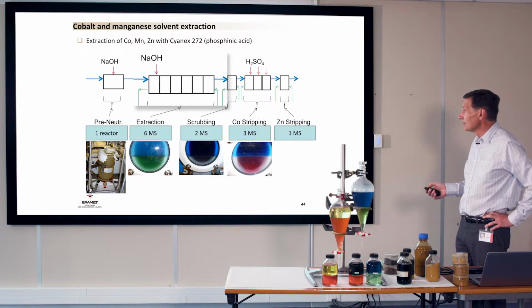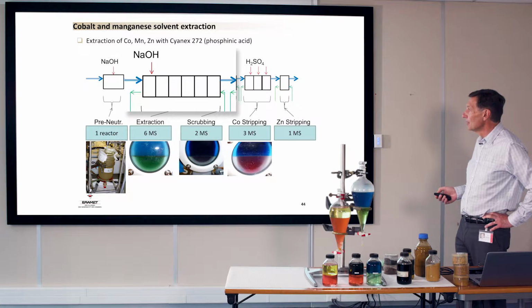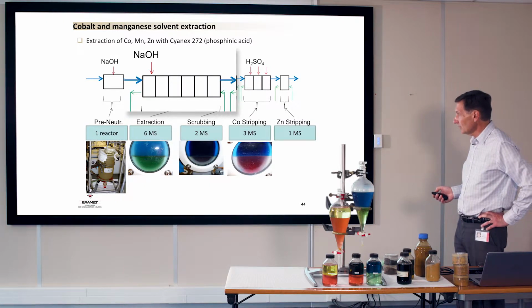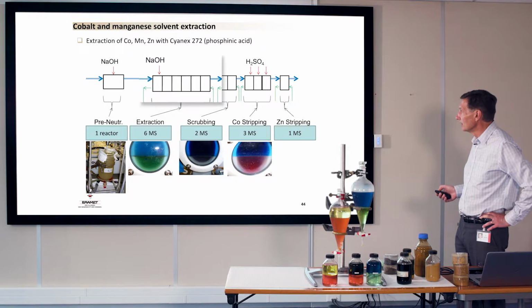You have the main step here, the extraction, with the aqueous phase that enters the mixer settler devices in a countercurrent way with the organic phase. Extraction here of cobalt and manganese, and cobalt and manganese are in the organic phase in this step.